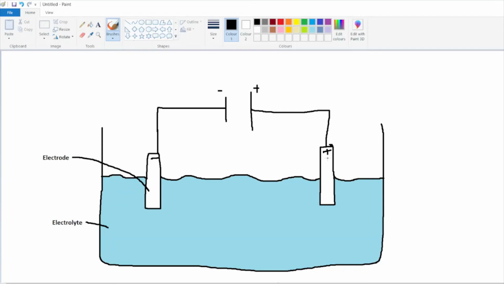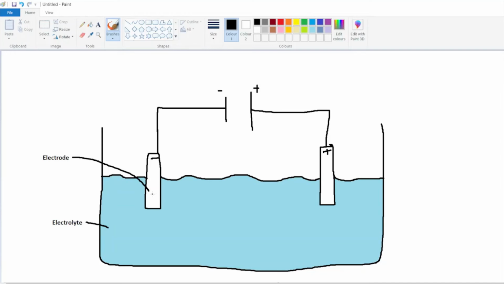The positive electrode is called the anode, and the negative electrode is called the cathode. You can use the acronym PANIC to remember it. If you're panicking in the exam, just remember PANIC. Positive is anode, negative is cathode. So, you know, you have a way of remembering it there.